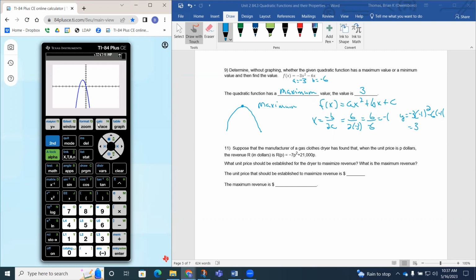So if I press second calculate, since it's a maximum, we use number 4. I have to be left of that maximum value or vertex, hit enter. I have to be right of that, hit enter, and hit enter a third time, and it does give me -1, 3 as my vertex or my maximum value. So even though it says do not graph it, you can double check it by graphing it.